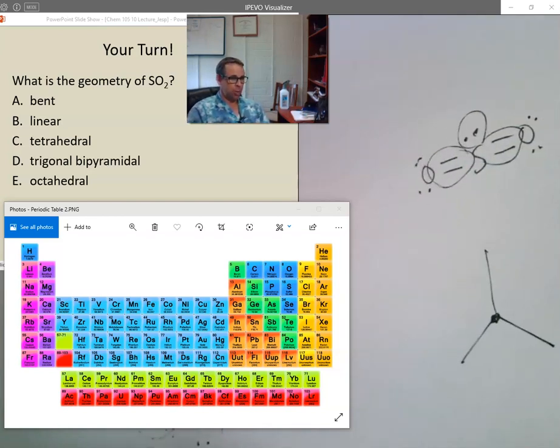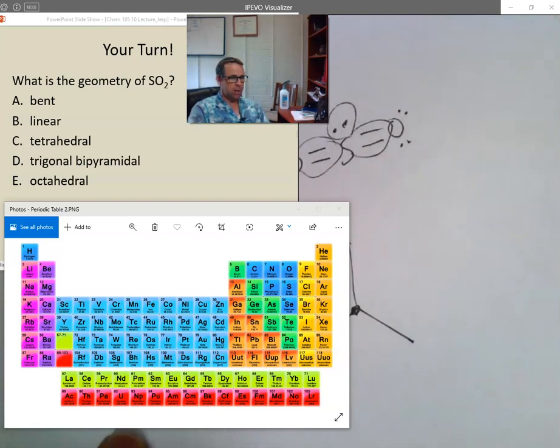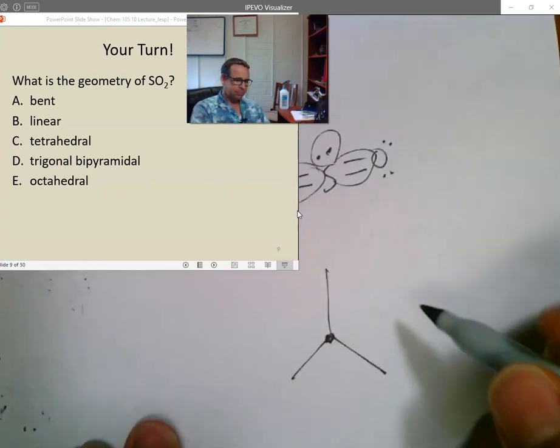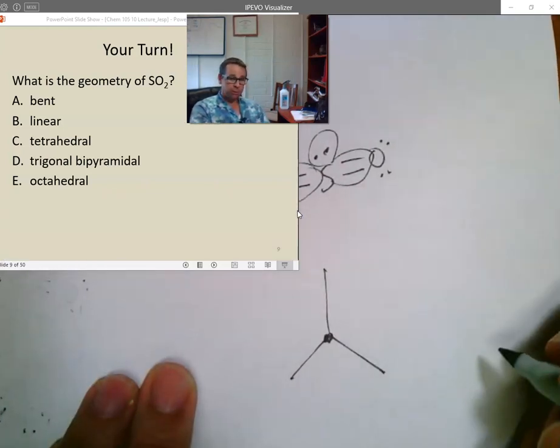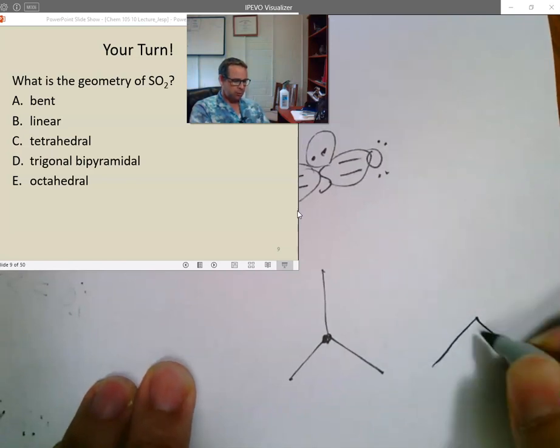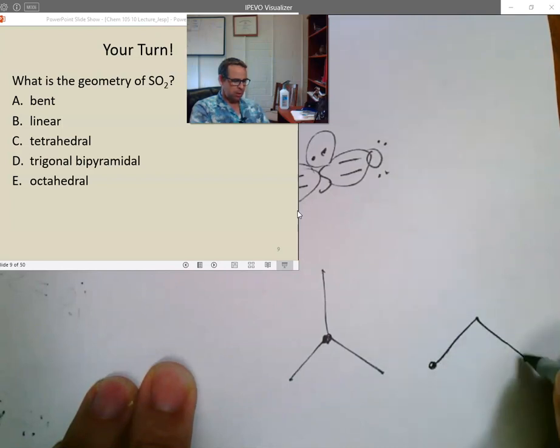Now, we didn't really talk about this, but it might be more intuitive than we think. This is for you, Emily. What do we call the shape of the molecule if 2 regions are bonding and 1 region is just non-bonding?